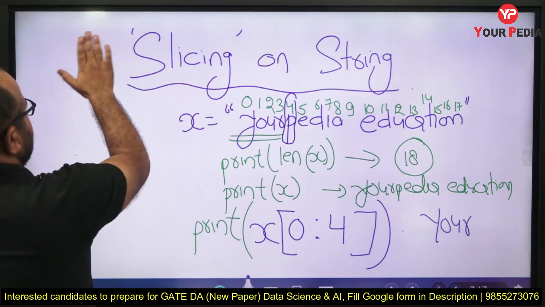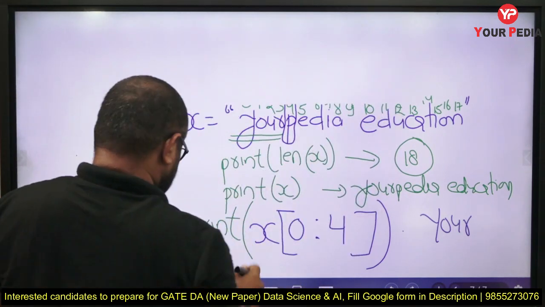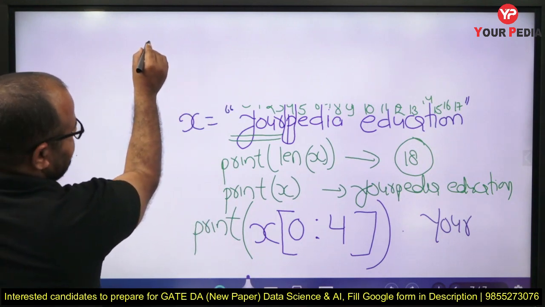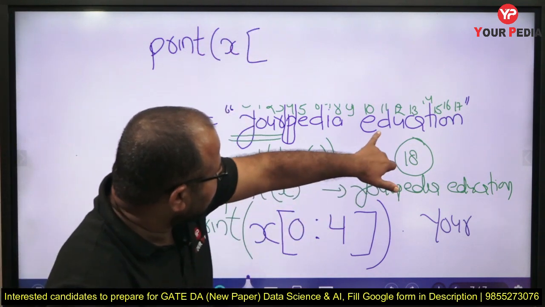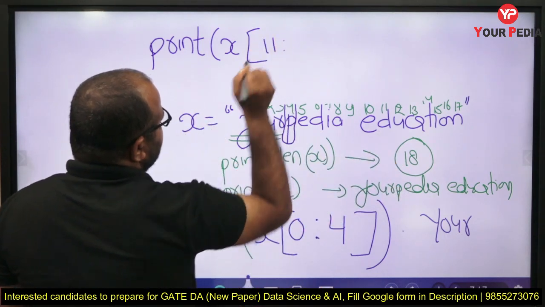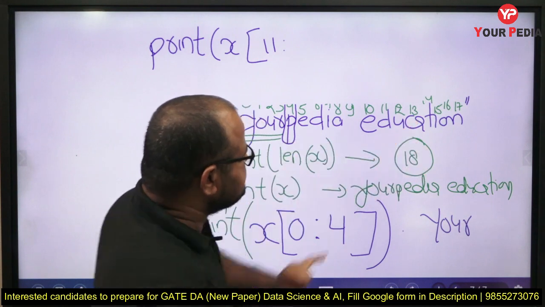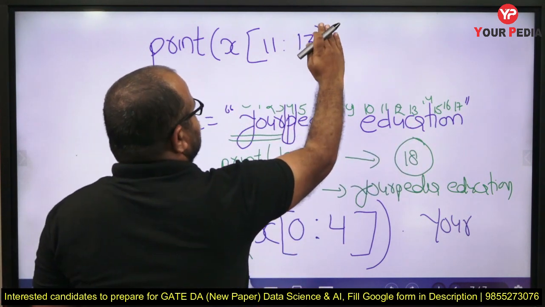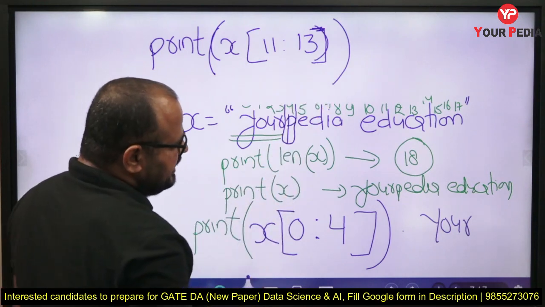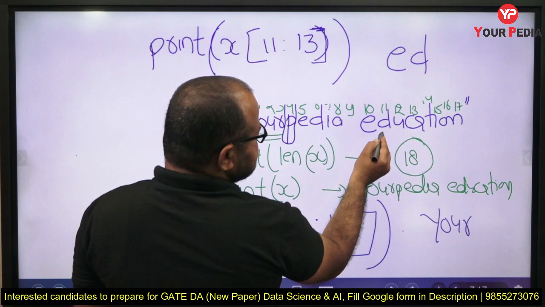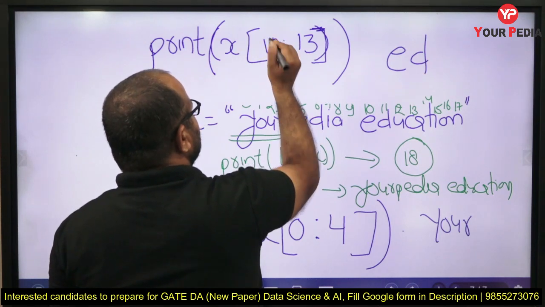In the same way, if you write print X, and you want to start from index 11, or to get only edu, you start at 10 and end at 13, because 10 is included but 13 is not included.